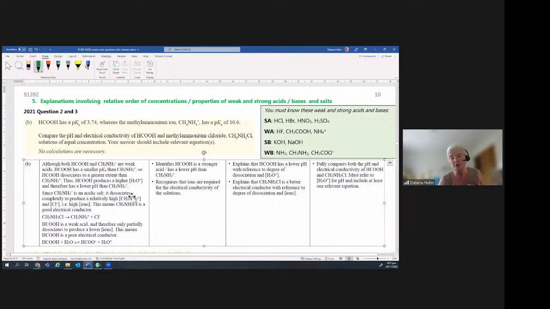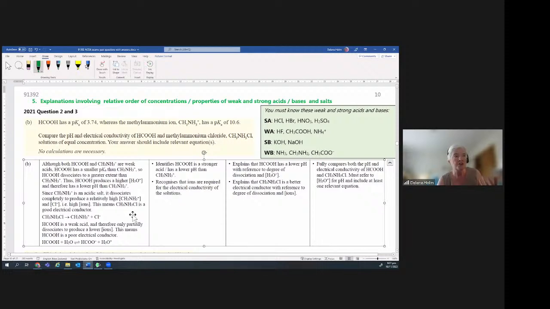And therefore you've got to talk about the property. So if it dissociates less, then it's going to have fewer hydronium ions in solution. So the pH is going to be higher. So in this case, they've asked you to relate it to the given pKa values. So make sure you respond to that in your answer.